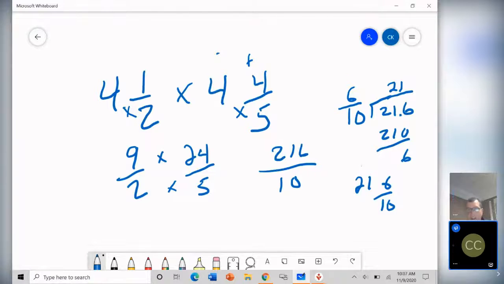But if you take a deeper dive here, we realize 6/10 can be taken down a little bit further. If we divide 2 out of both 6 and 10, it's going to make it 21 and 3 over 5. Because 2 goes into 10 5 times, 2 goes into 6 3 times. So if it says to reduce all the way, that 6/10 is going to be 3/5.